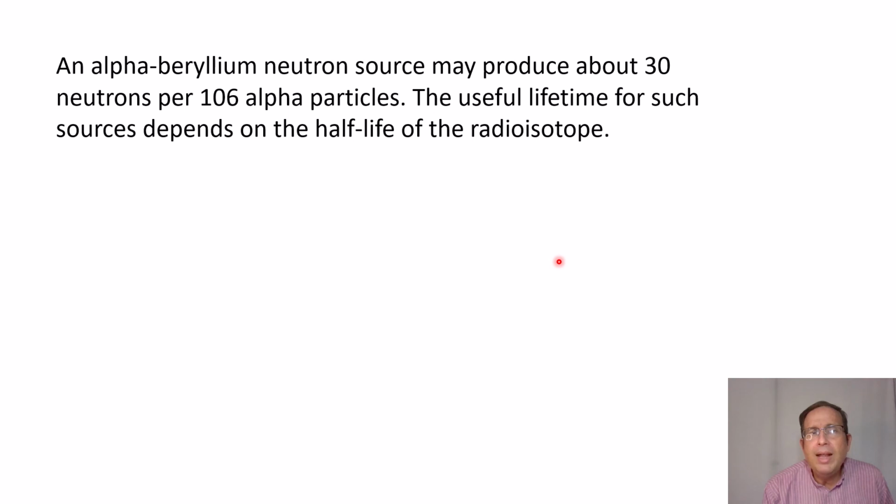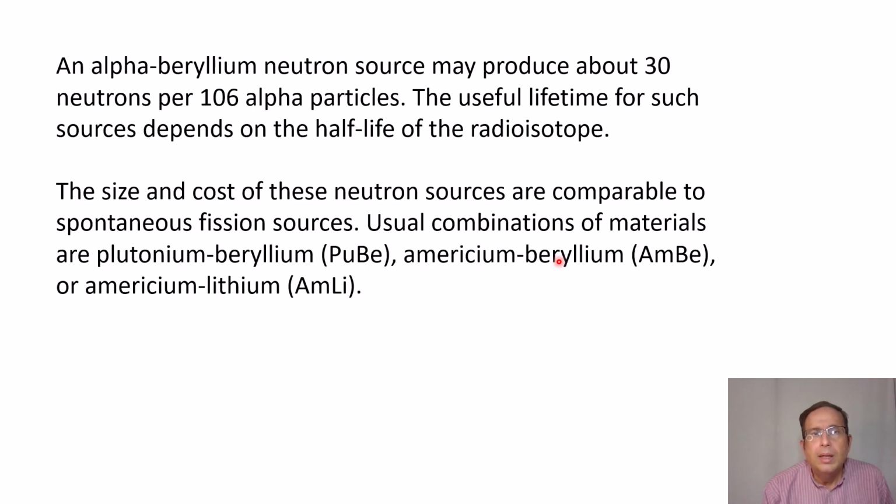The useful lifetime for such sources depends on the half-life of the radioisotope. So the radioisotope's half-life determines the lifetime for a neutron source. The size and the cost of these neutron sources are comparable to spontaneous fission sources. So the combinations that are usually used are plutonium beryllium or americium beryllium or americium lithium.